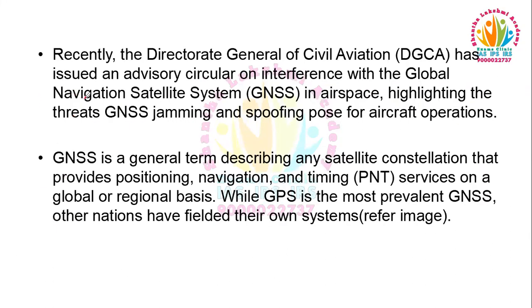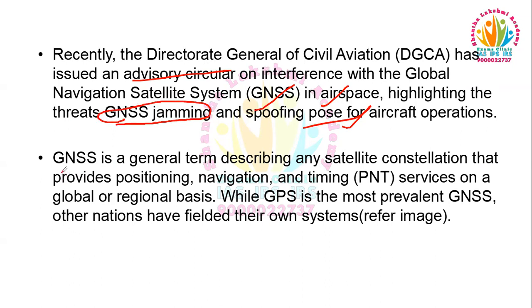So this has been in the news because recently the Director General of Civil Aviation has issued an advisory circular about the interference of global navigation satellite system in the airspace, and it might pose a threat for aircraft operations because of the global navigation satellite system jamming and spoofing of the signals.